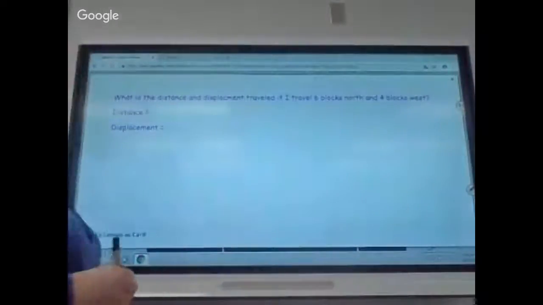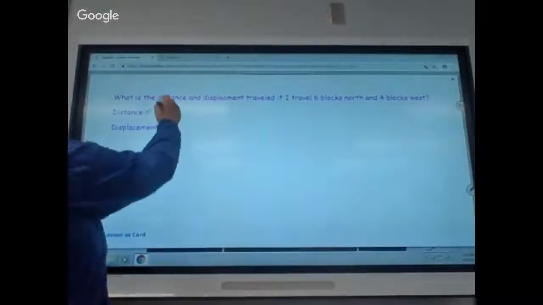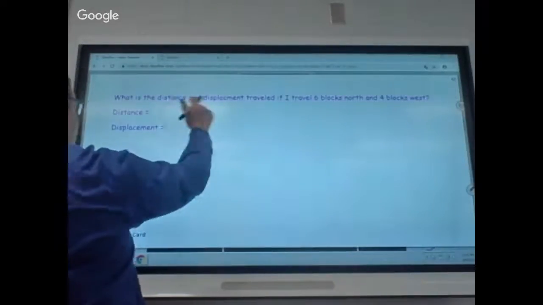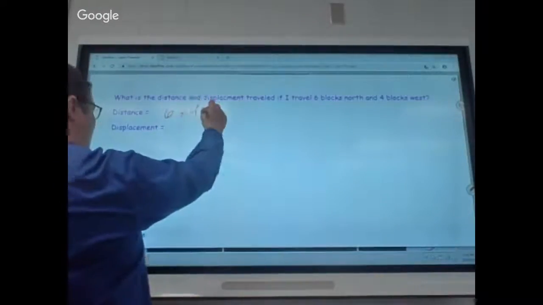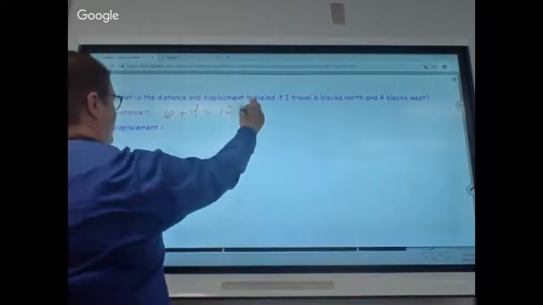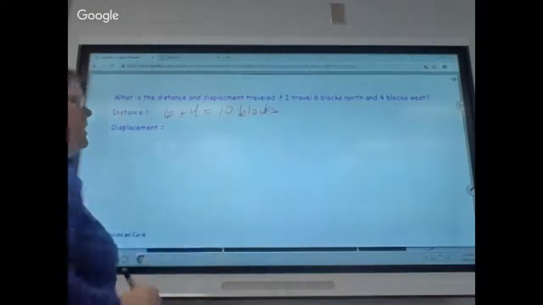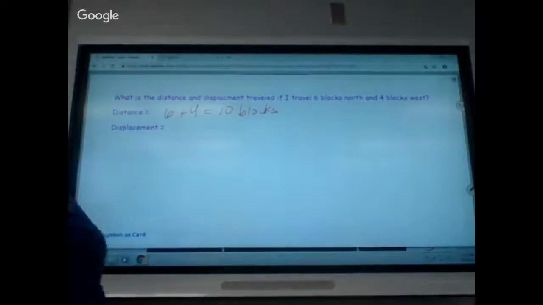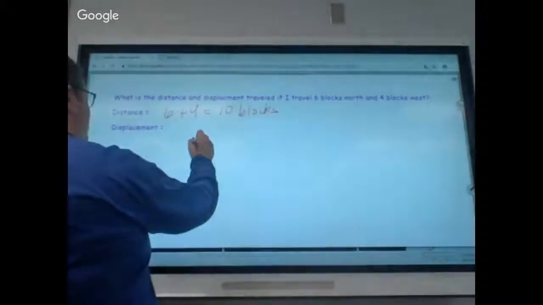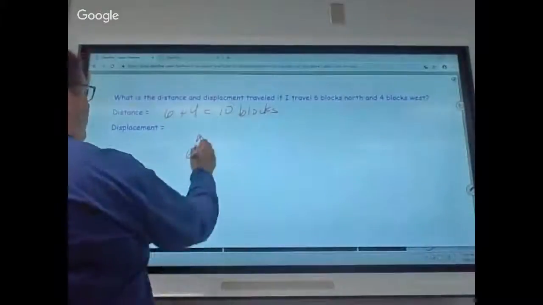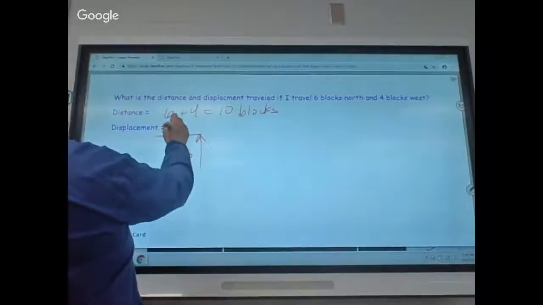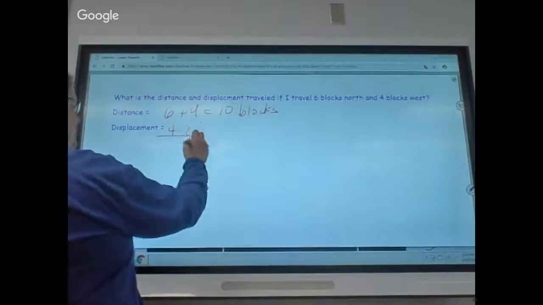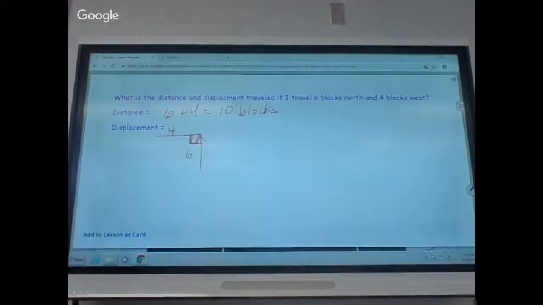So how do we find distance? We've got 6 plus 4 to get 10. So we've got the 10 blocks. Distance is not an issue, but displacement is still causing us issues. If we go 6 blocks north, and then 4 blocks west, this is a right angle, so you're using your Pythagorean theorem.